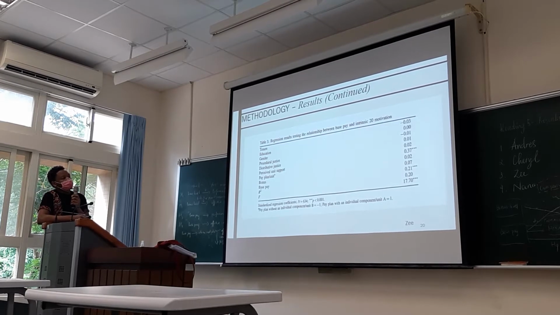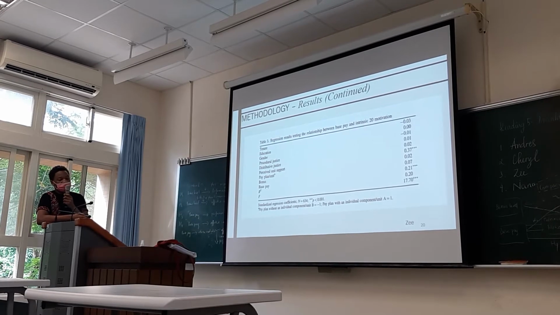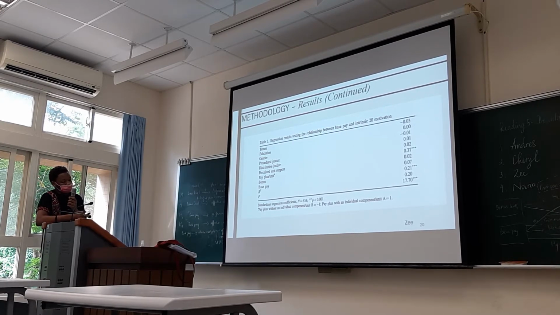So it's tested between base pair and induced motivation. You notice that base pair is where? It's here. Is at 0.21, significant at 99% level of significance. Therefore, the first criteria is supported.